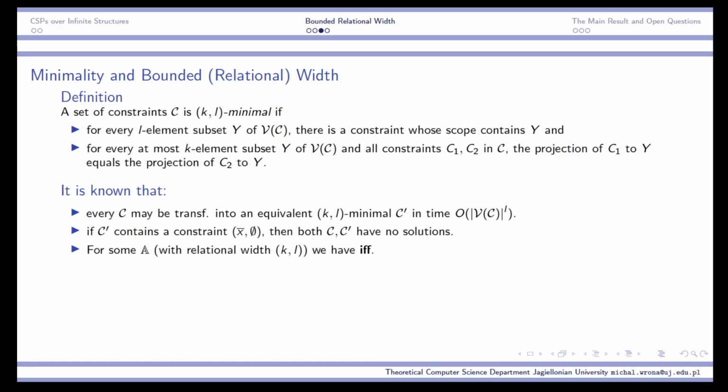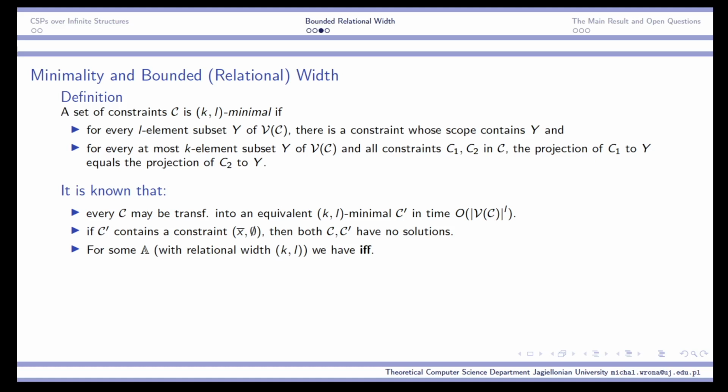But sometimes we have if and only if, meaning that if the whole process doesn't end up with an empty constraint, then we conclude that the original set of constraints has a solution.